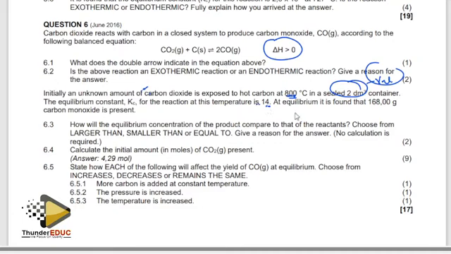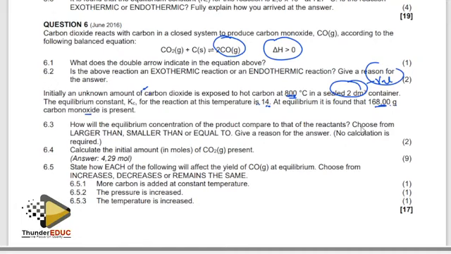At equilibrium, it was found that there were 180 grams of carbon monoxide. At equilibrium, you understand? Then they are saying, how will the equilibrium concentration of product compare to that of the reactant?